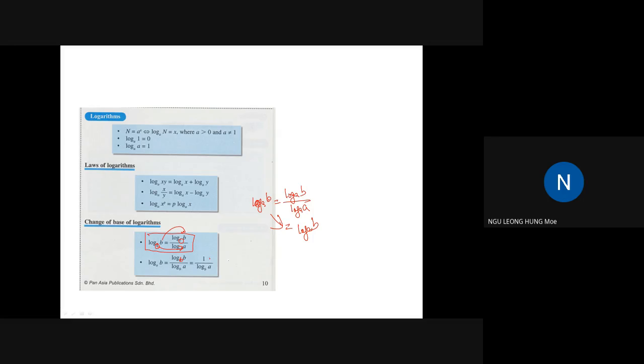Still the same. That's why they didn't show this one. Log 1 always equal to 0, no matter what is the base. Let's say base is 100. As long as this number is 1, so always 0. Understand?